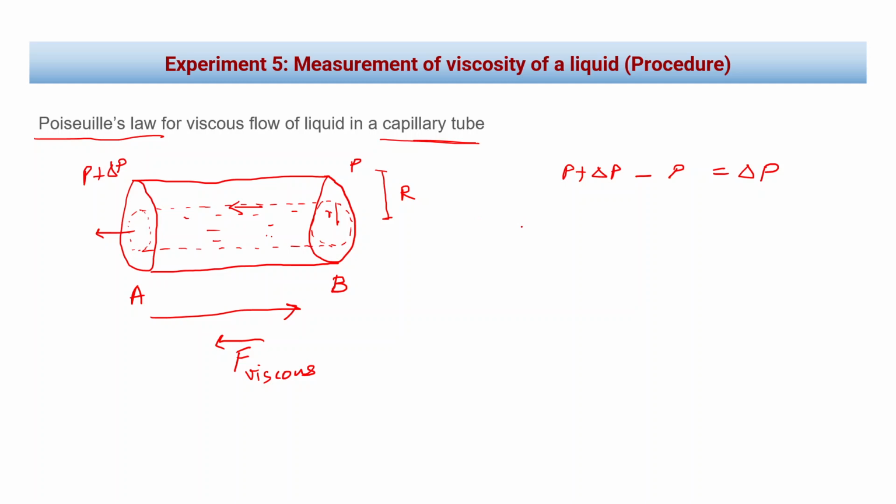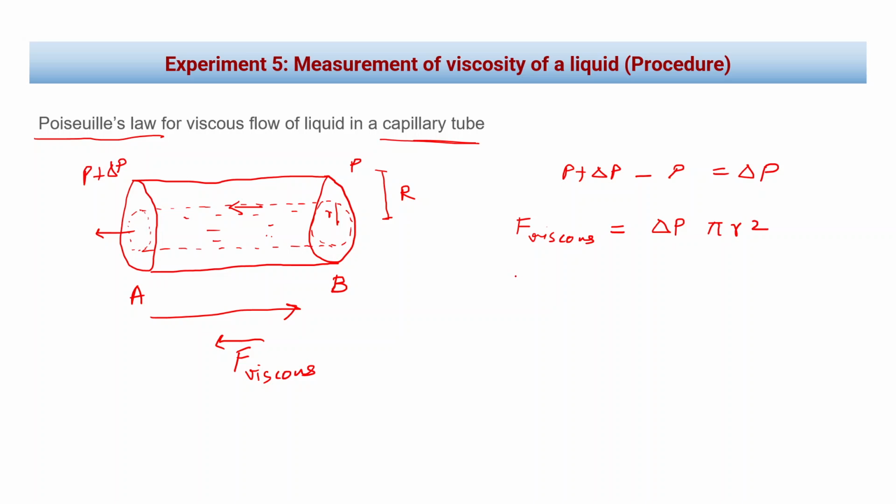We know pressure is force per unit area, so this force will be the difference in pressure times the area. Area will be pi r square, the area of this cylinder.